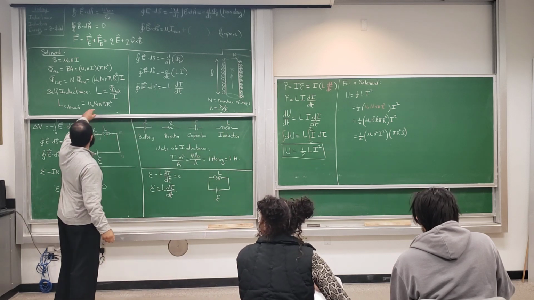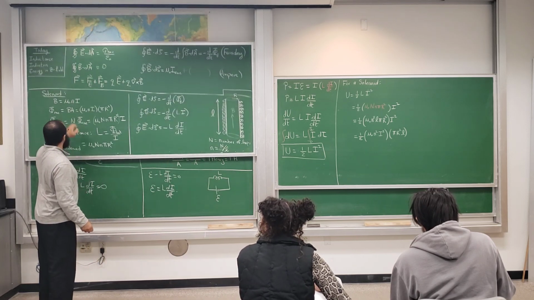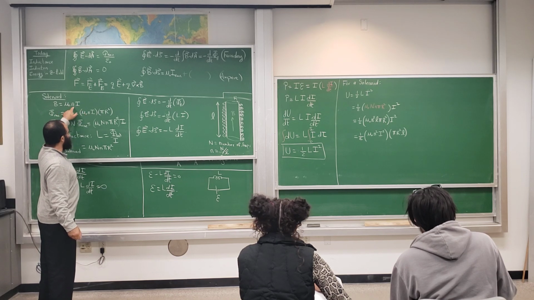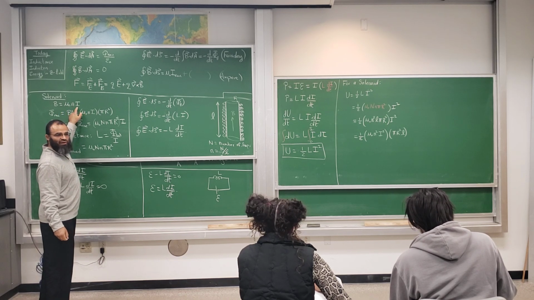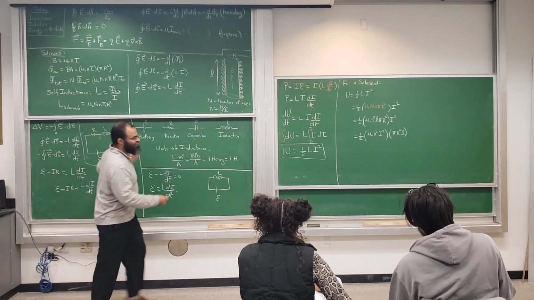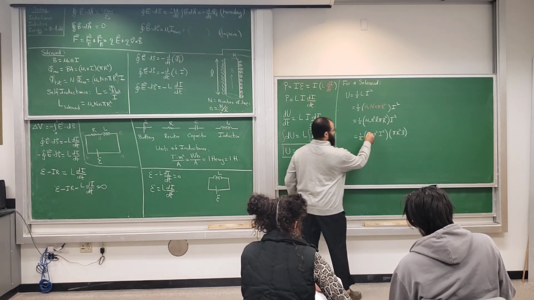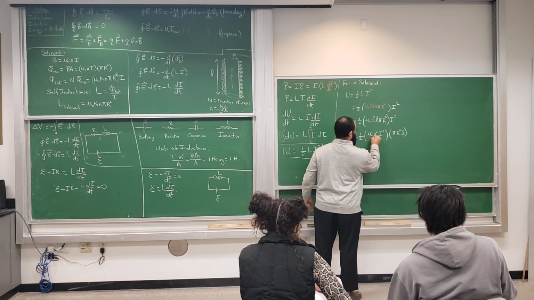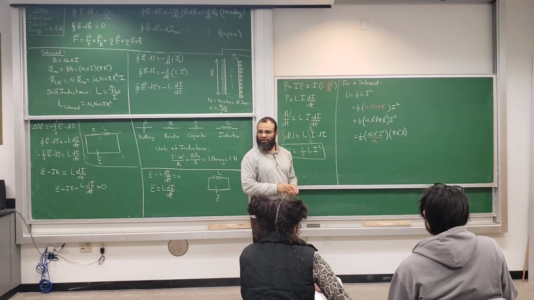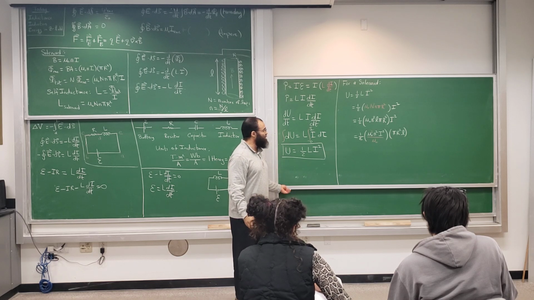Magnetic field is mu naught n I. So if I have mu naught squared n squared I squared, that's B squared, right? So let's make it into that. So what I would do is square the mu naught, but divide by mu naught. Okay? So mathematically it's identical.